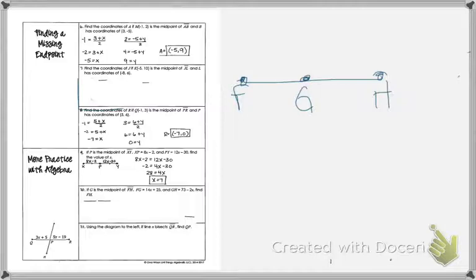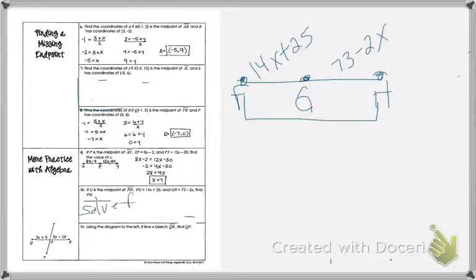They're saying that F to G is 14x plus 25. And then G to H is 73 minus 2x. They want us to find this distance here. So we have to solve for x first.